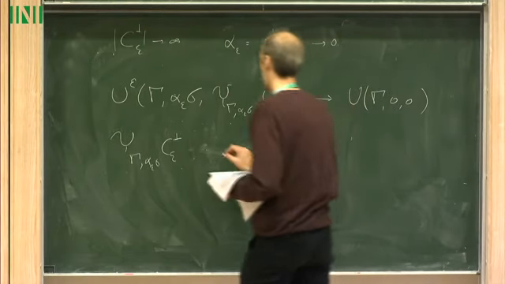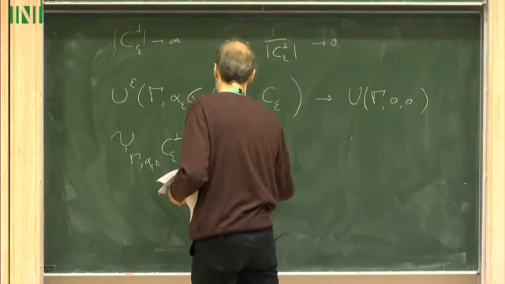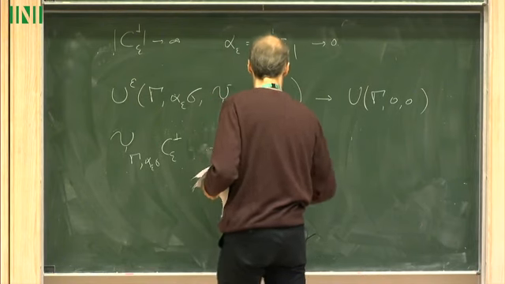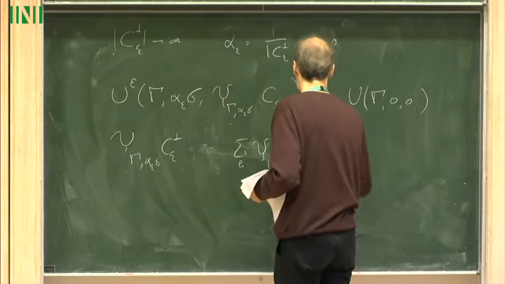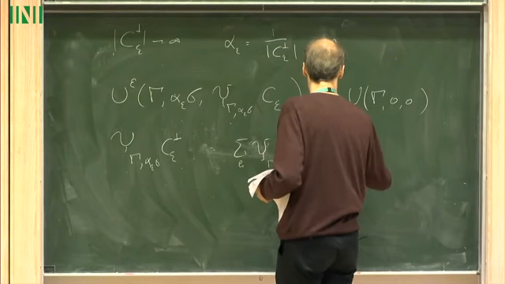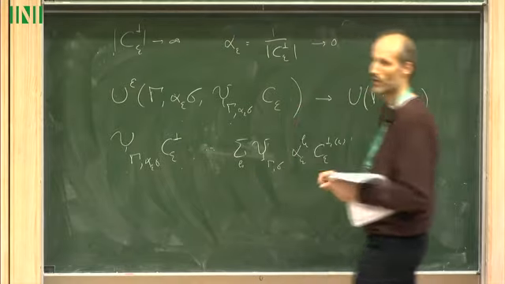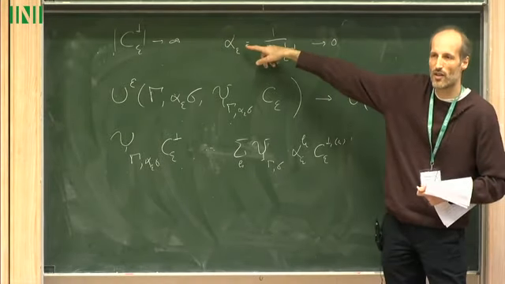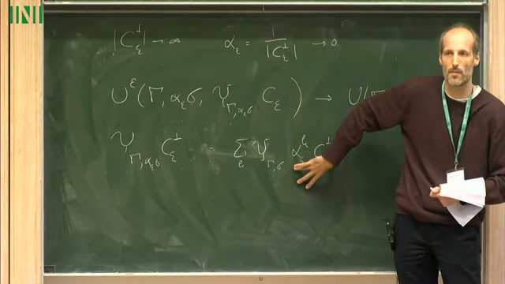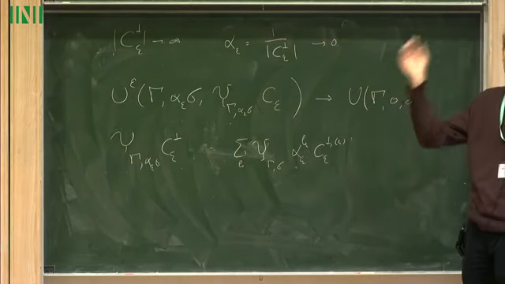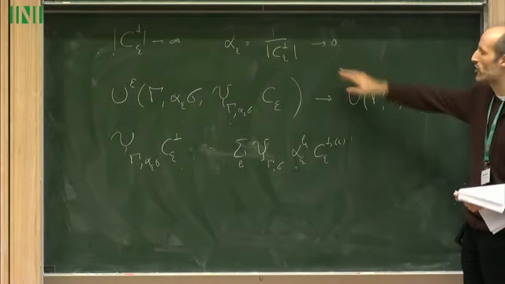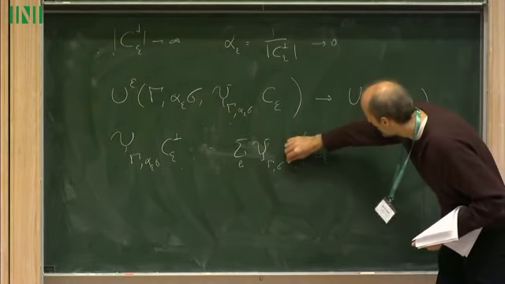Because this is the same as taking the sum over k of the epsilon gamma sigma and applying it to alpha epsilon to the k times the component here in the kth subspace. Right? And we've chosen the alpha epsilon precisely in such a way that each of these guys remains bounded. Right? And so then just by compactness of unit balls and stuff like that, you can actually take a subsequence so that these guys converge to a limit.